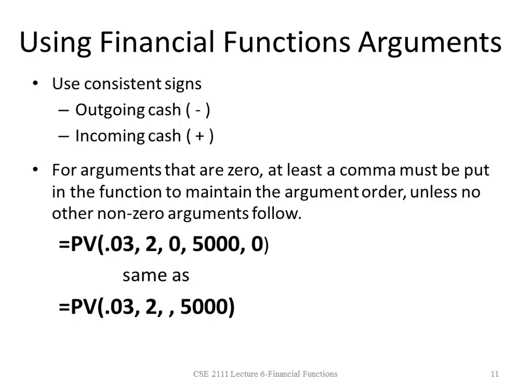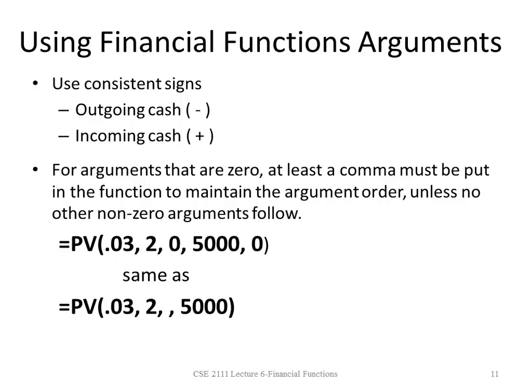When you're using financial function arguments, you need to use consistent signs for your dollar amounts. If you have outgoing cash, you will use a negative. If you have incoming cash, it will be positive. We consider outgoing cash anything that's coming from your pocket and going to another entity. For example, if I have $10,000 and I'm going to put it into a CD for 5 years, I need to put in a negative number because it's coming out of my pocket.